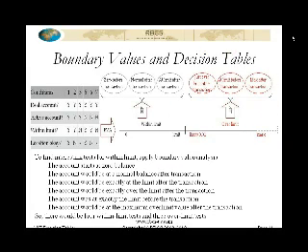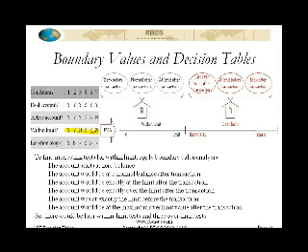And we can also use boundary values in combination here. So let's say we look at the within limit condition. That's here, right? So we've got yeses and nos there.